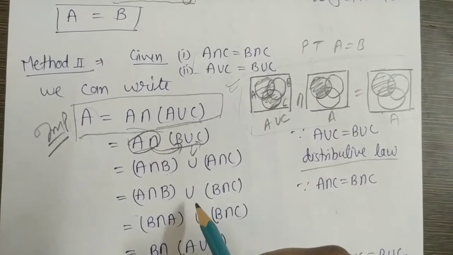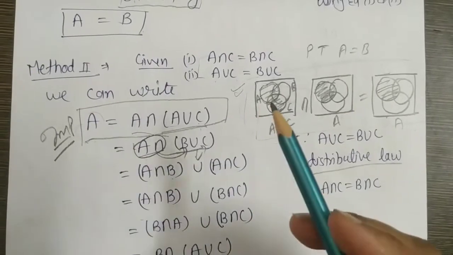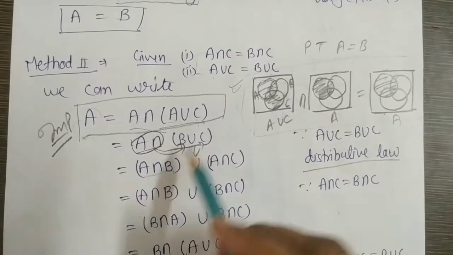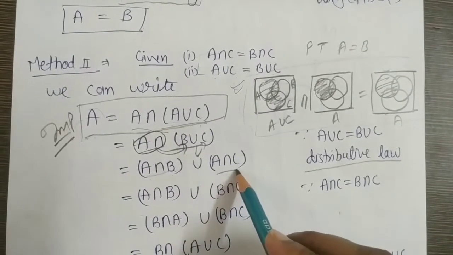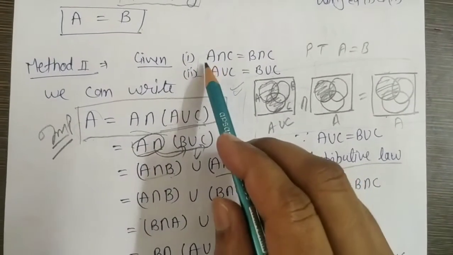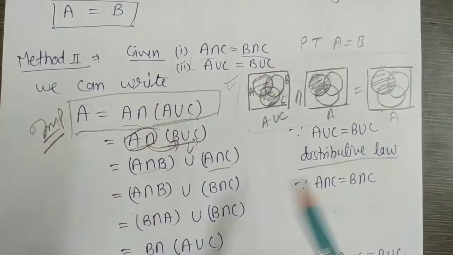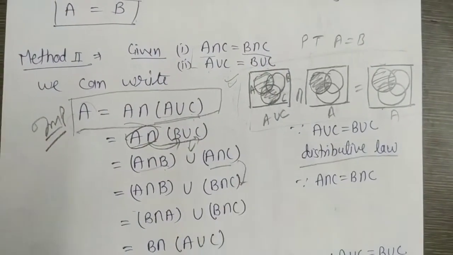Now again check, can we use any given property? A intersection B, we are not given anything for A intersection B. A intersection C is equal to B intersection C. I have just put the value of that.